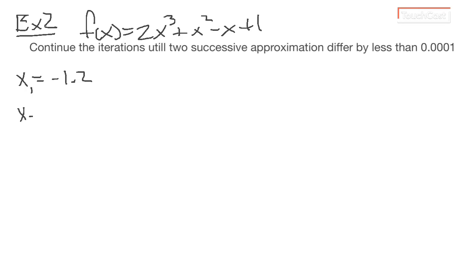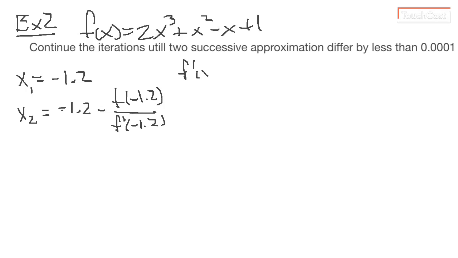So we're going to find x2. That means we're going to take x1, -1.2. We're going to subtract f of -1.2 over f prime of -1.2. So we do need to figure out f prime. If we know f, that's not too hard. We've been finding derivatives for a while now.